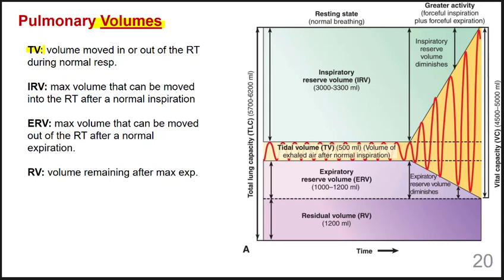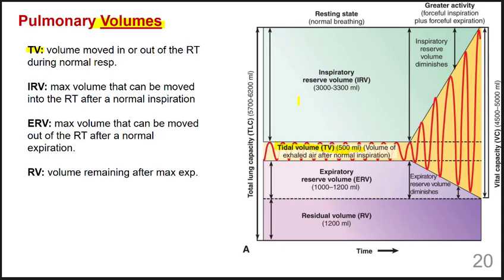We're going to start by talking about tidal volume. This is the volume moved in and out of the respiratory tract during normal respiration, so just your normal breathing. So we have inhalation, exhalation, inhalation, exhalation. A way to remember tidal volume is to think of the tide on the beach, coming in and out at a fairly regular pace.